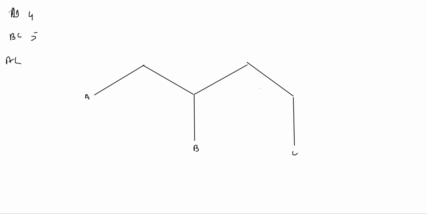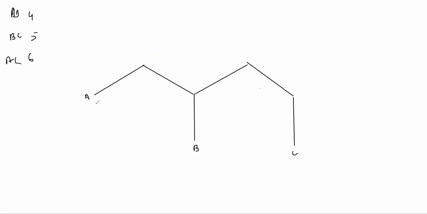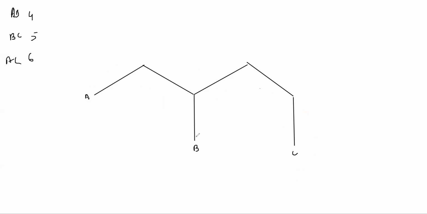So 6 are there. Which one should I select? That's from A to C. The part which I select from A to C is the longest carbon chain, and what we are left with is a branch.